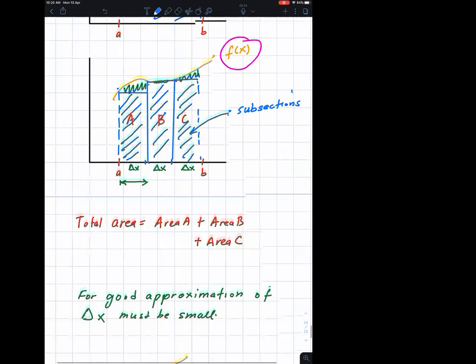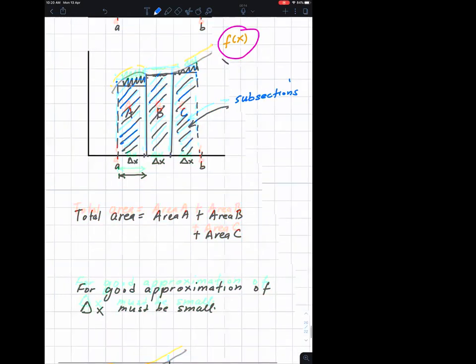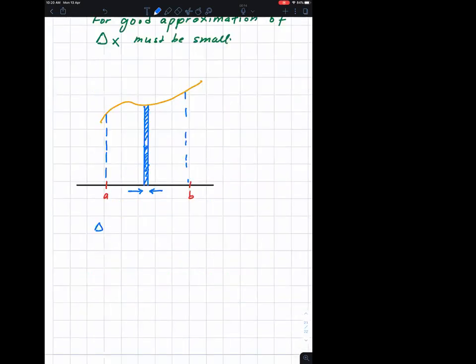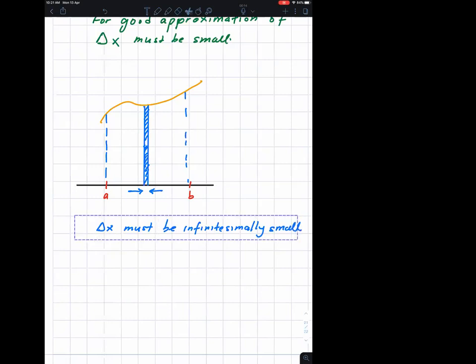You want the interval of the subsections to be as small as possible. Delta x must be infinitesimally small.